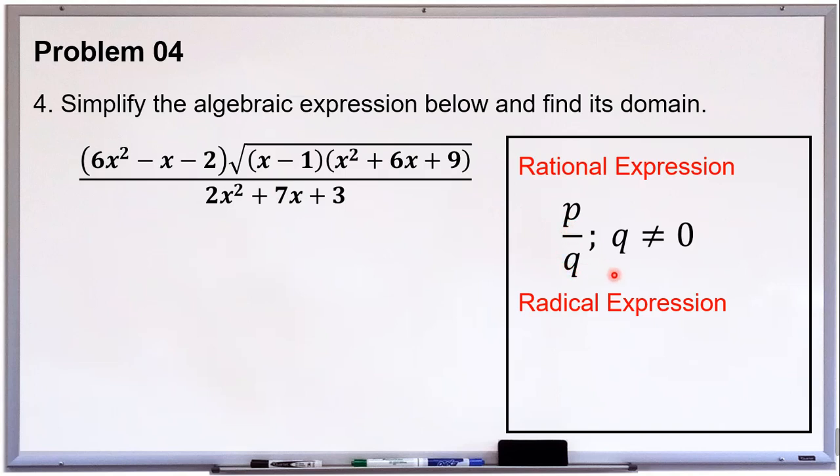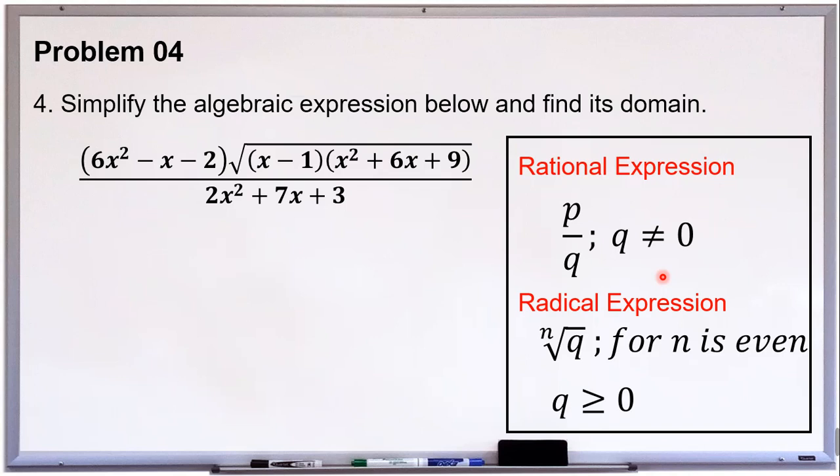So for rational expressions, the restriction is that the expression in the denominator should not be equal to 0. That is, we're going to solve for the value of x that will not make the denominator 0.